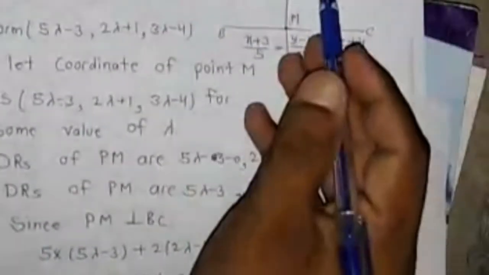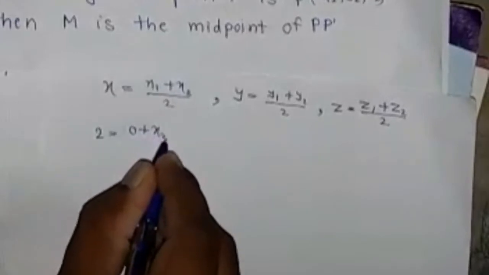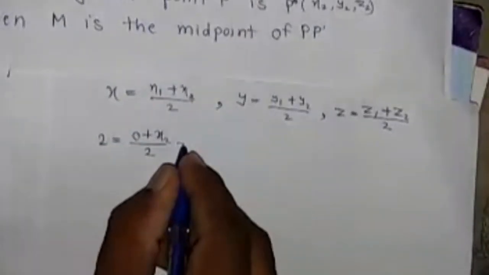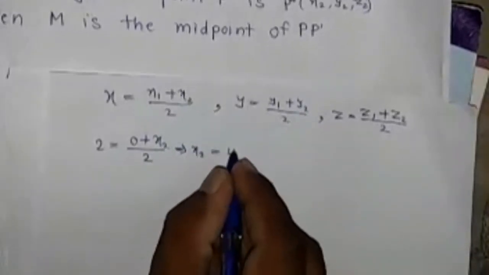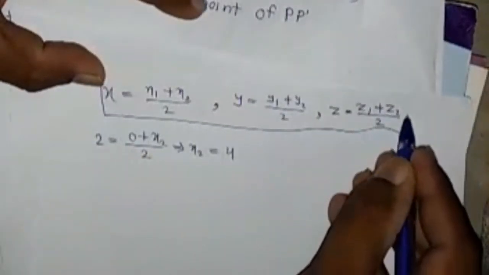We put 2 equal to (x1 value 0 plus x2)/2, which gives x2 equal 4. We have this formula.